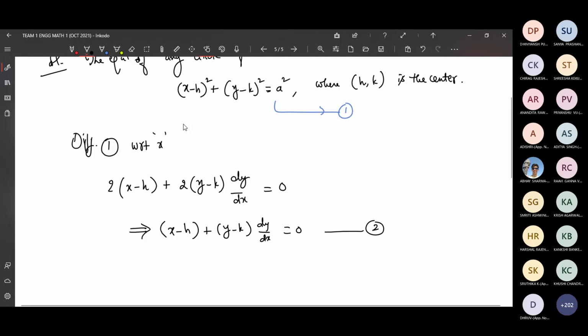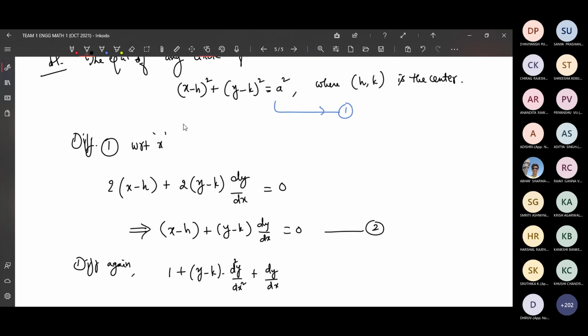So differentiating again, there are two constants here. Here x minus h with respect to x gives 1, plus we need to use the product rule here because y minus k is a function of x, and dy by dx also. So y minus k, keeping as it is, times the derivative of dy by dx, which is d square y by dx square, plus the derivative of y minus k, which is dy by dx, into again dy by dx.